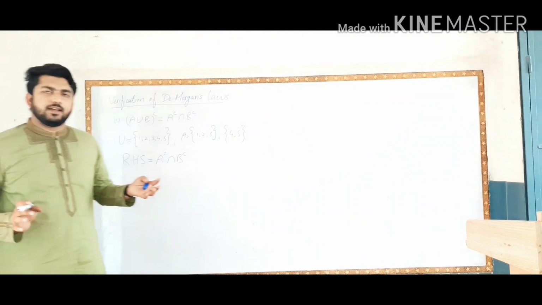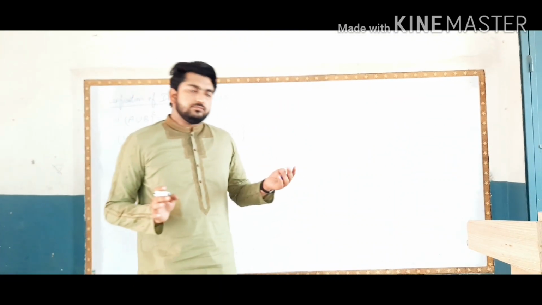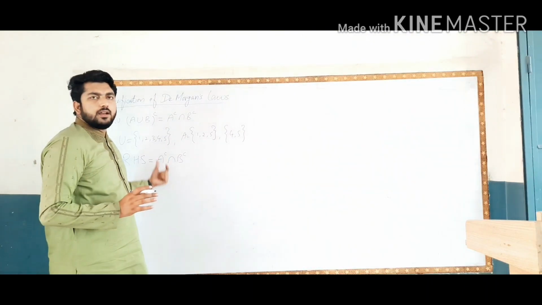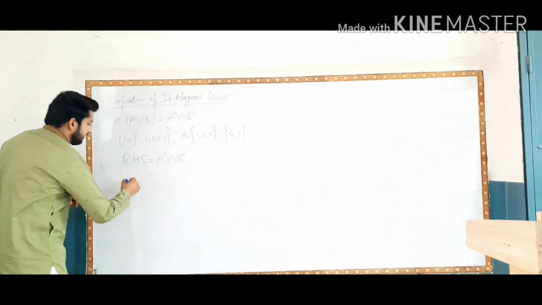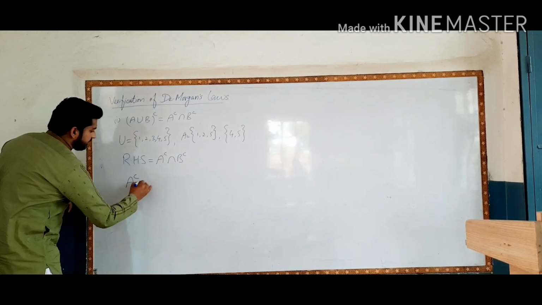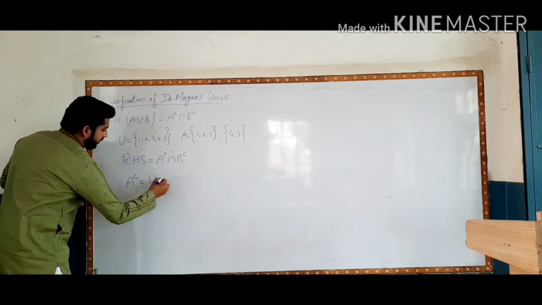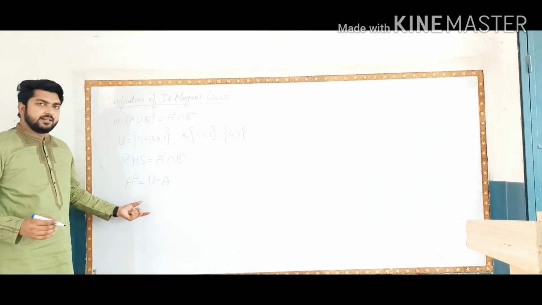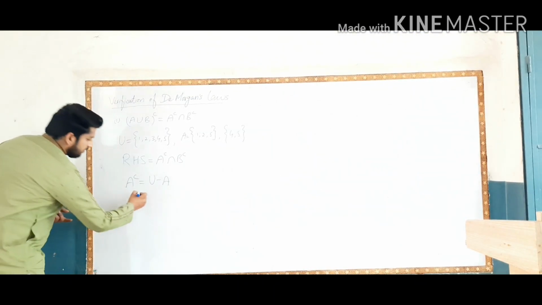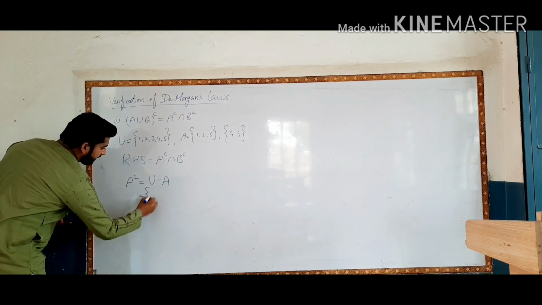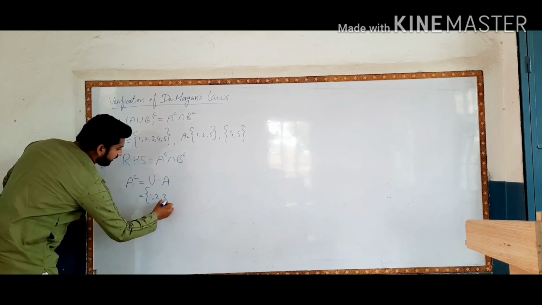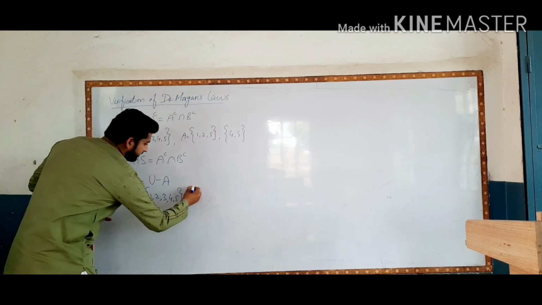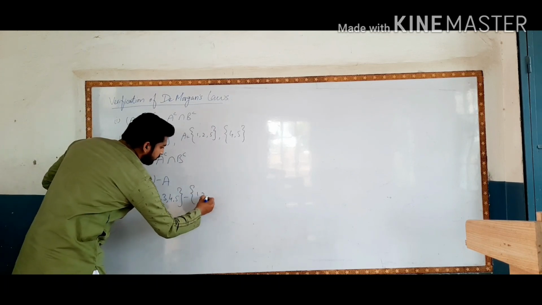First of all, I have to take the A complement. A complement is equal to U difference A. U set is 1, 2, 3, 4, 5, difference set A, which is 1, 2, 5.